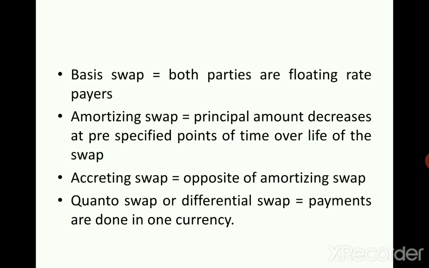Now the next one we come to is the amortizing swap. It is usually an interest rate swap in which the notional principal for the interest payments declines during the life of the swap. That means the fixed interest payer will pay less interest over the period of the life of the swap.